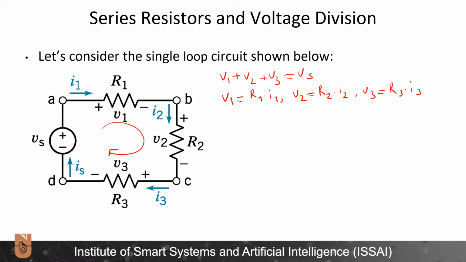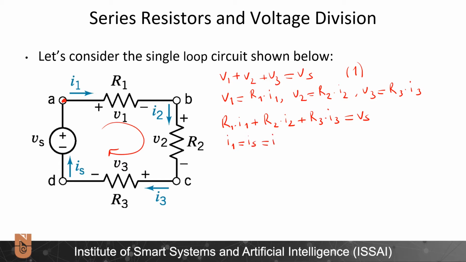Let us plug in these V1, V2, and V3 inside the first equation. We will end up with R1 times I1 plus R2 times I2 plus R3 times I3 is equal to Vs. Let us try to write Kirchhoff's current law for this node A. I1 is equal to Is.